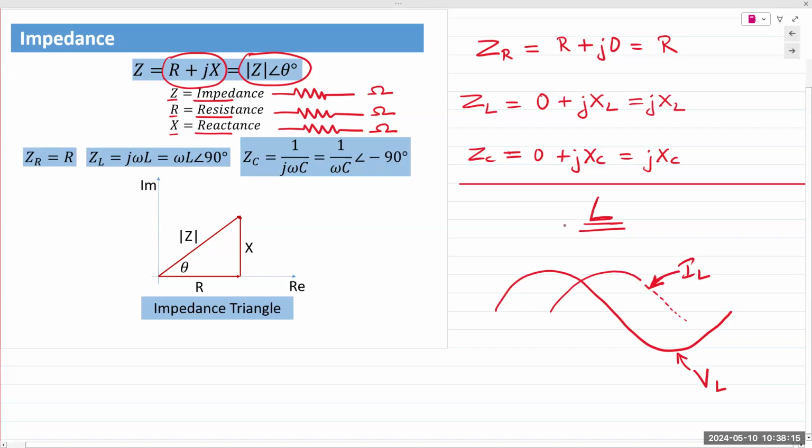And if you remember, x-axis is always time. Positive values, going towards the right, you are in the future, you are behind. Going towards the left, you are in the past, meaning you are ahead. So voltage for an inductor always leads the current for that inductor by 90 degrees.